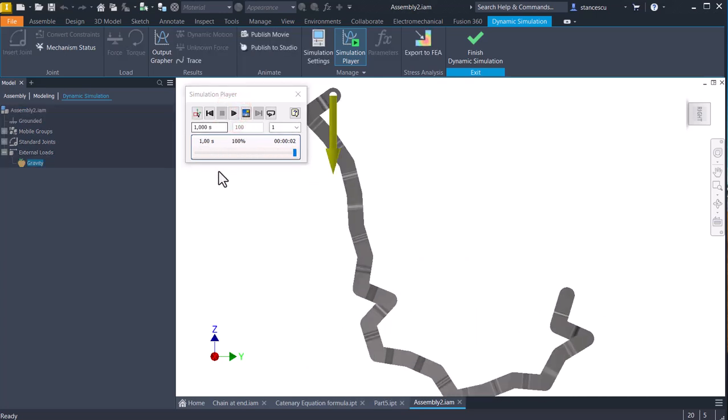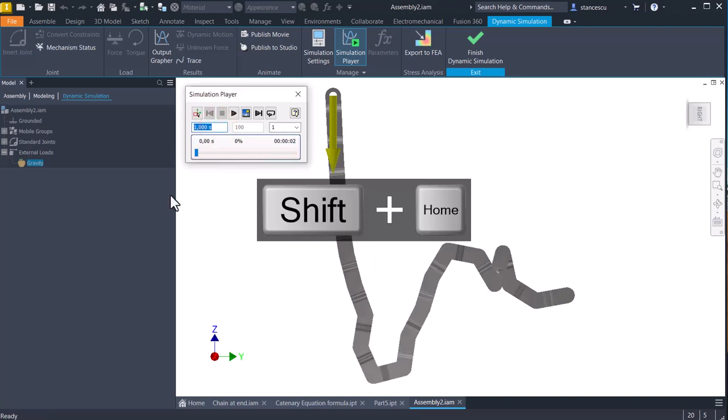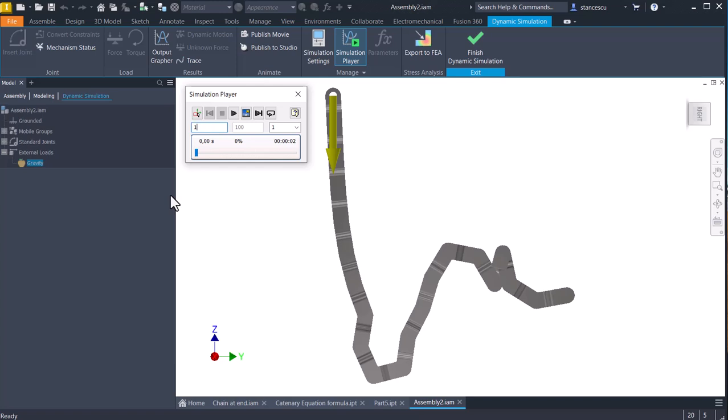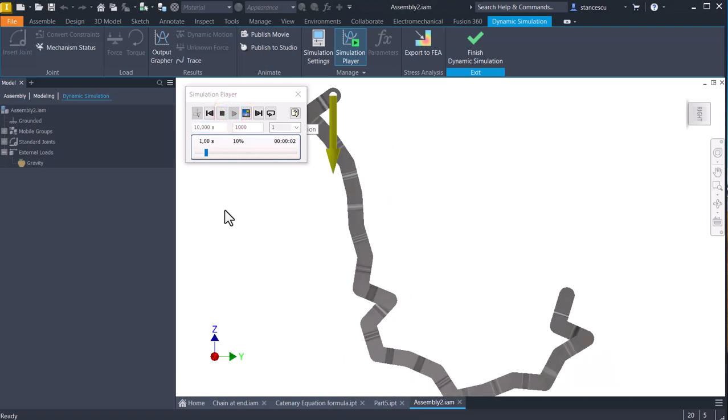You can see what happens. Remember that there is no any friction, so it moves to the infinite. 10 seconds, and you see the continuation because only 1 second was memorized.